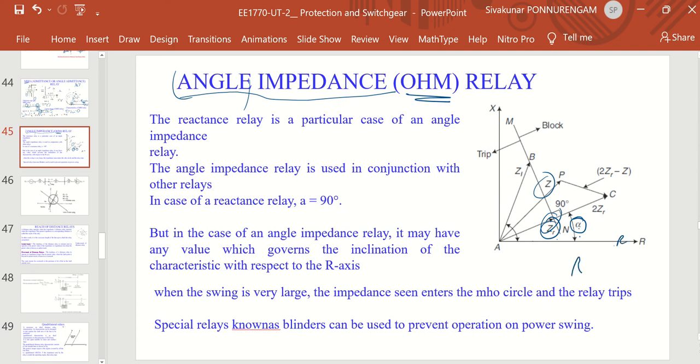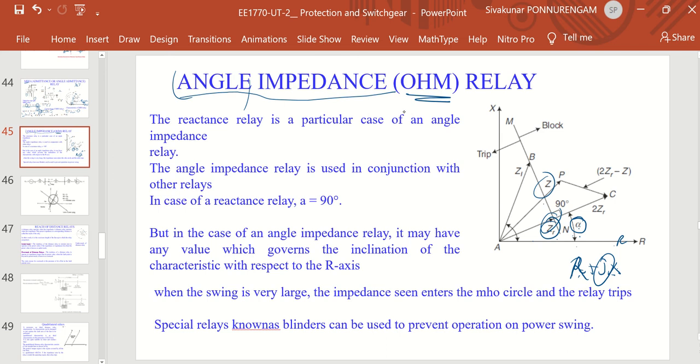The combination of R plus jX gives the alpha, that is the angle we are going to obtain, with the j quantity being the imaginary part. So if the alpha changes, as usual the Z changes, and the impedance zone coverage also changes.